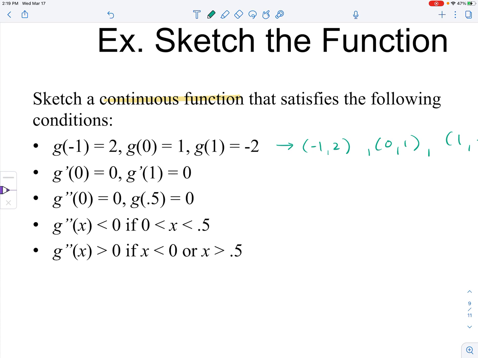The next line is information about the first derivative. g prime of 0 equals 0 and g prime of 1 equals 0.